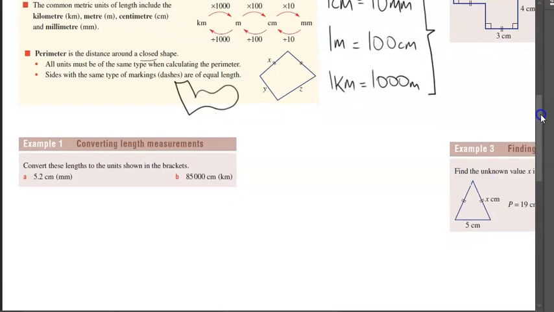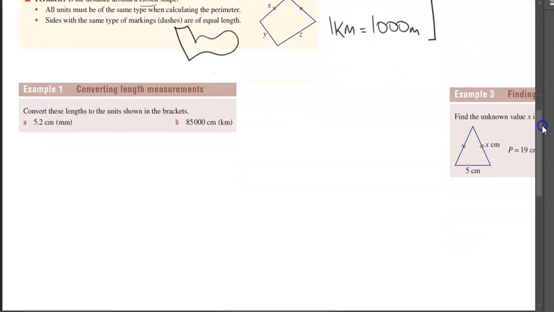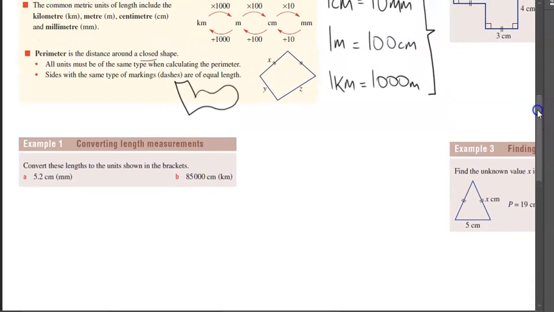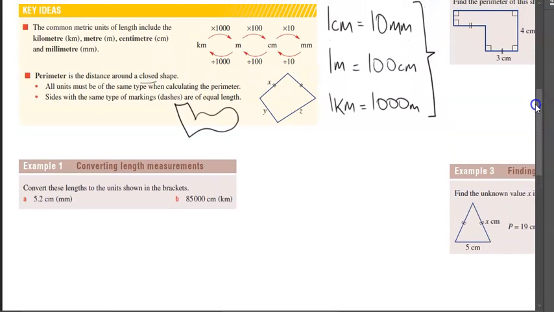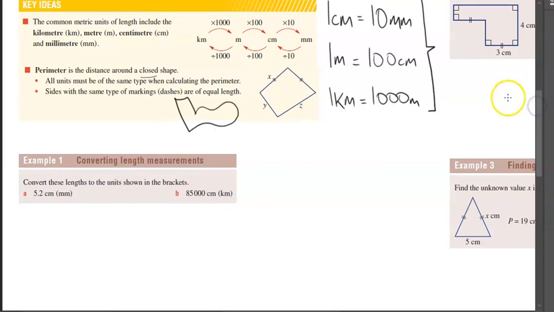For now, I'm going to tackle our first example, and we're going to convert the following lengths to the units shown within the brackets. So we're changing 5.2 centimeters into millimeters, and we're going to change 85,000 centimeters into kilometers. So the first one here, 5.2 centimeters.